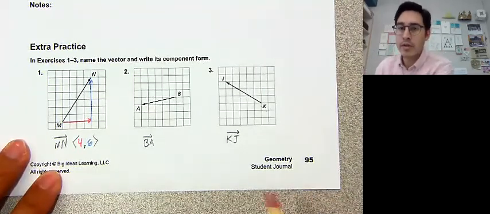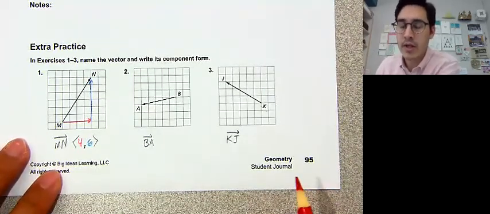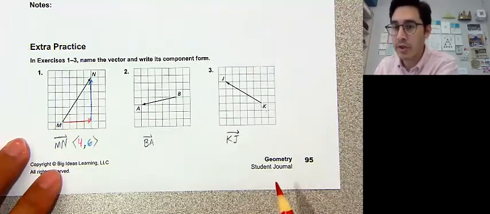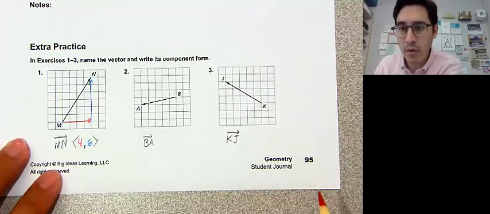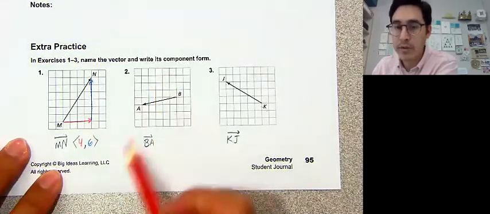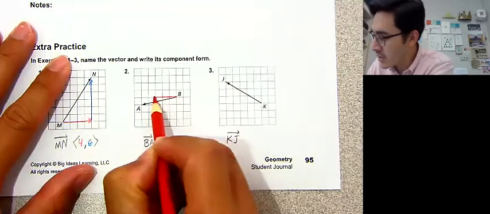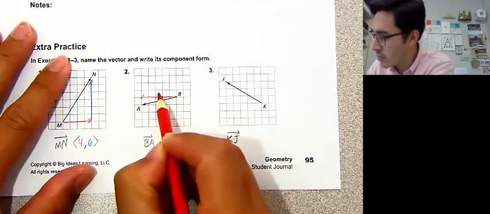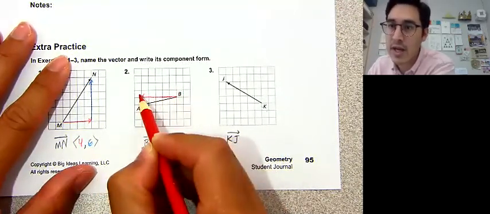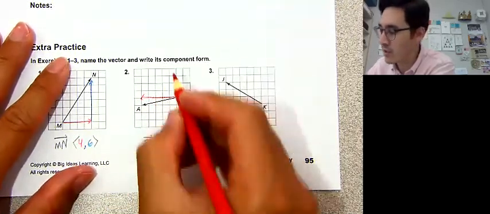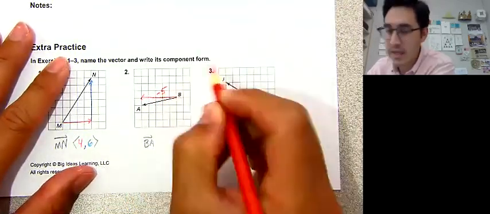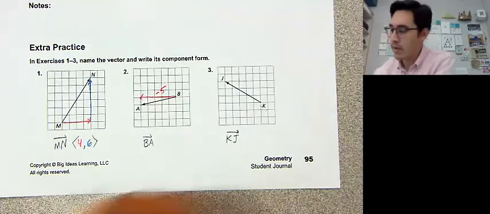When you're drawing the components, you have to make sure that you always start at the starting point, or the initial point, and you always want to do the horizontal component first. So for problem 2, the horizontal component would be 1, 2, 3, 4, 5 units backwards to the left, so we would count that as -5 horizontal component.